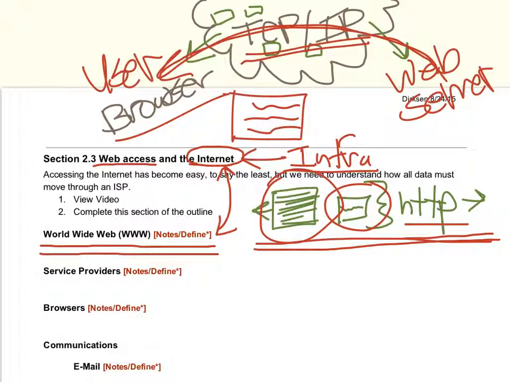Now, let's take a look here at the next term. Service providers. Service providers allow us to use their services, their fiber optic lines and so forth, to send the information through this network. Now, the real place this started was back in the late 1800s. Now, you heard that right, late 1800s, early 1900s.